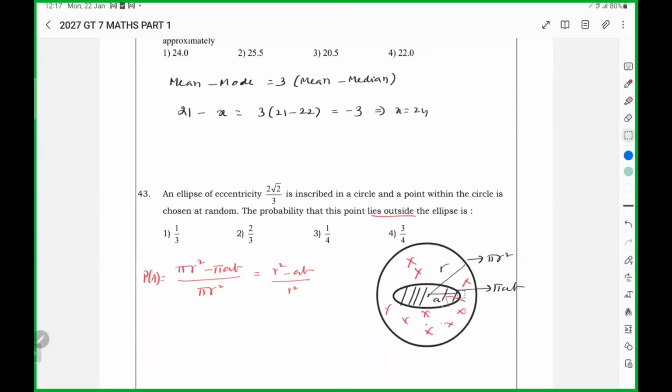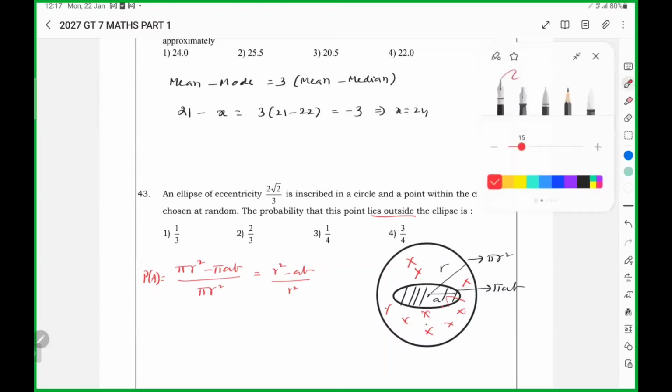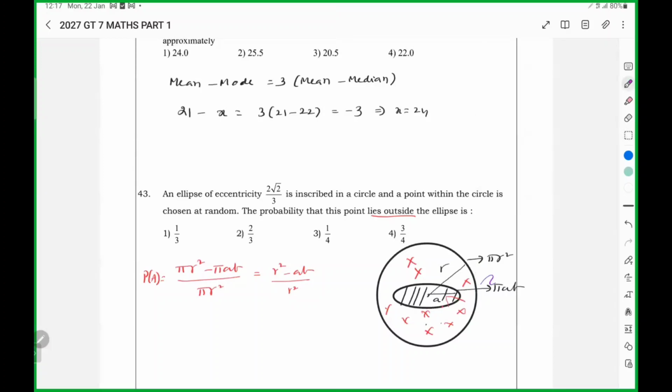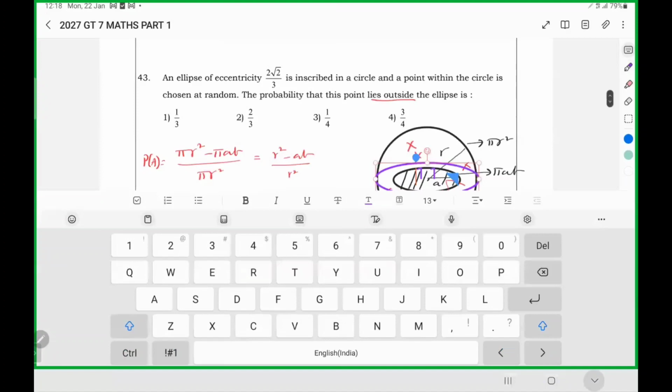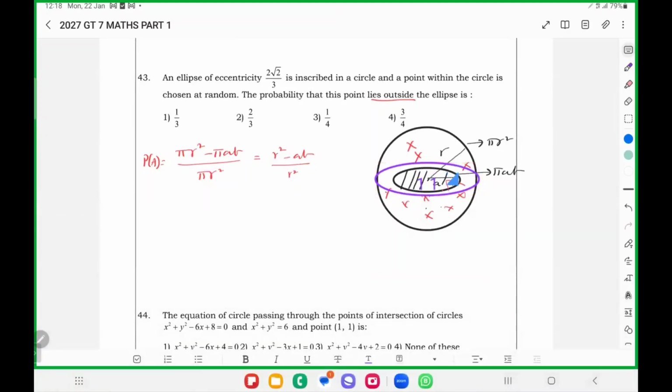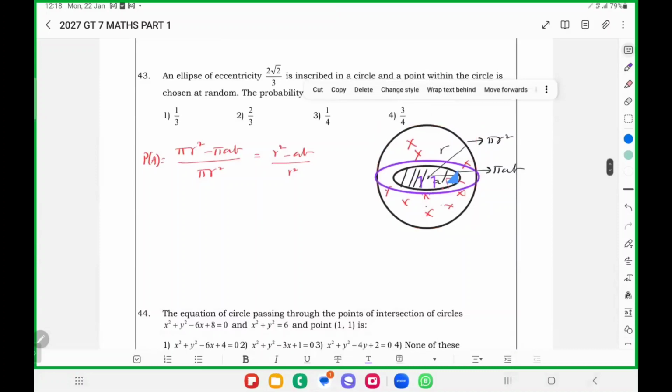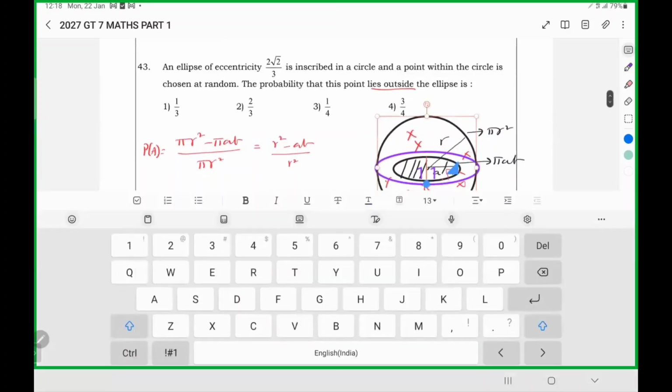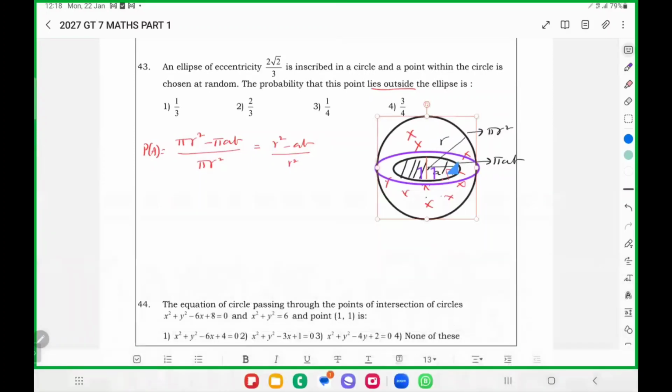What I want to show here is the ellipse can't be like this; it is this violet color one which touches.